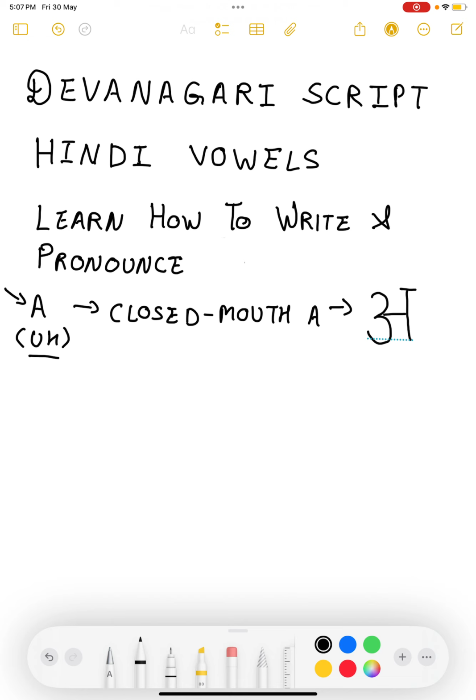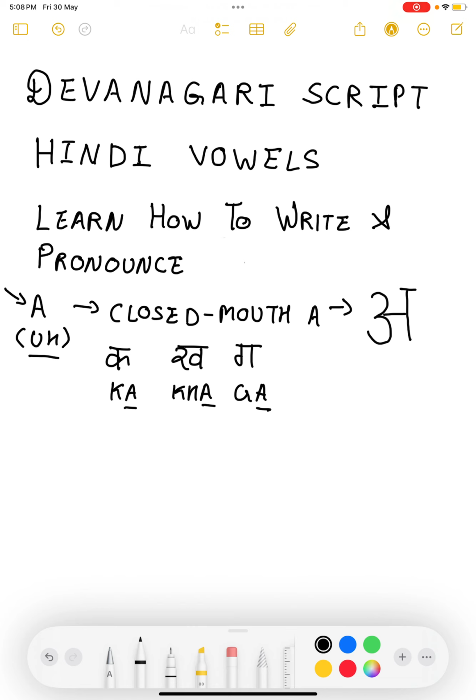Okay, this is a. All the consonants that we've seen earlier, like k, kh, g, you remember we were noting them down with the a letter, ka, kha, ga. In all these consonants, you would notice that this a is nothing but the same closed mouth a that we are learning here in vowels.